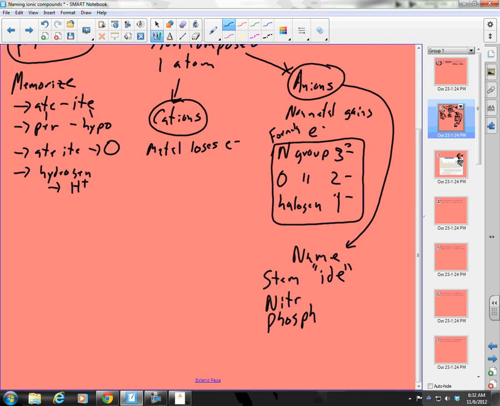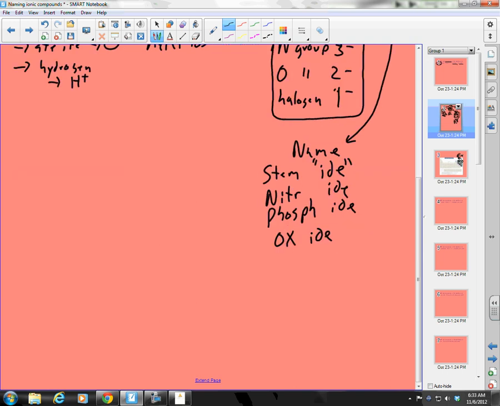So this would be nitride, phosphide, oxide. What else? Bromide. And, oh, sulfur is not sulfuride, it's sulfide.